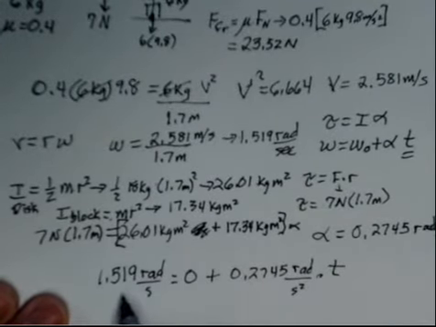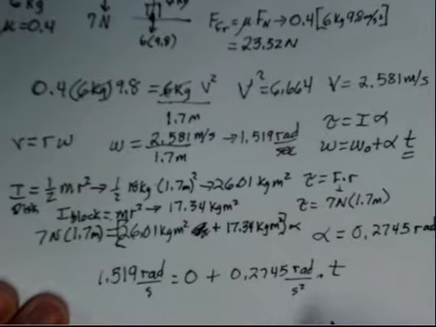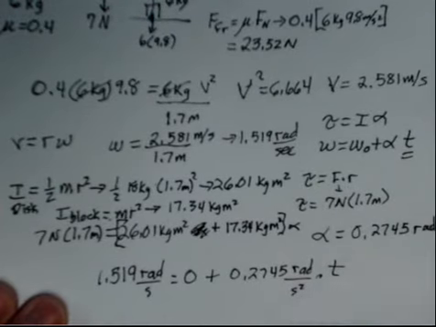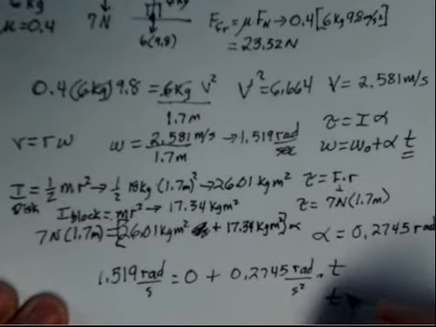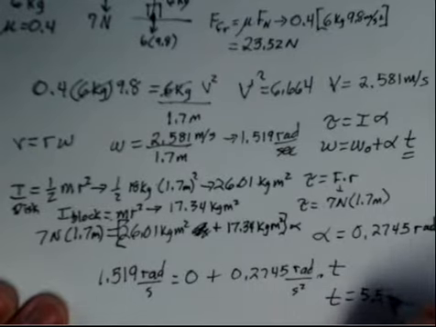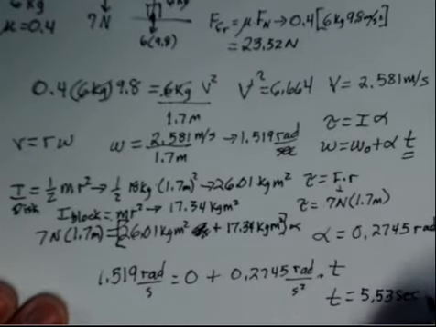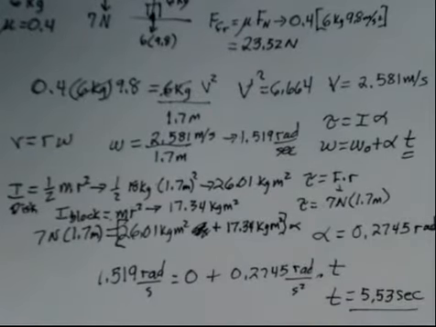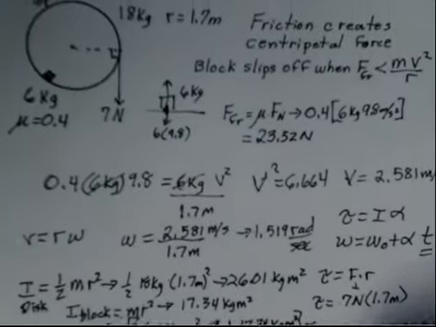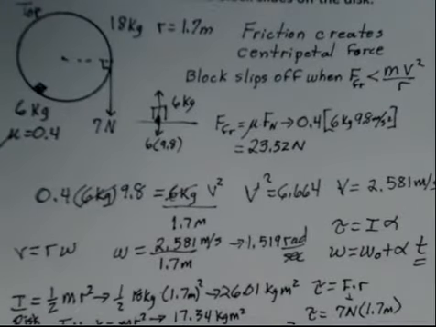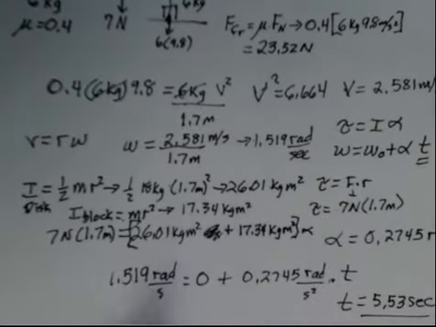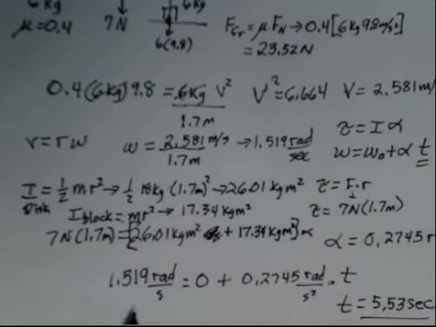So we're going to take 1.519 and divide by 0.2745, and I came up with a time of 5.53 seconds. I'm rounding a little bit now. 5.53 seconds for the time that we have to keep the 7 Newton force constant on the rim of the disk. And when we do that, we'll achieve an omega value of 1.519 radians per second.